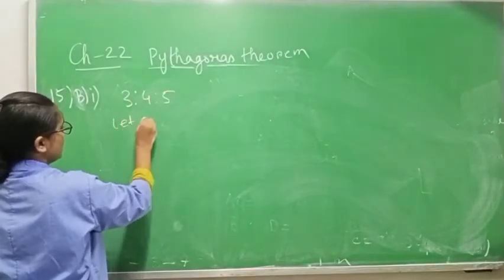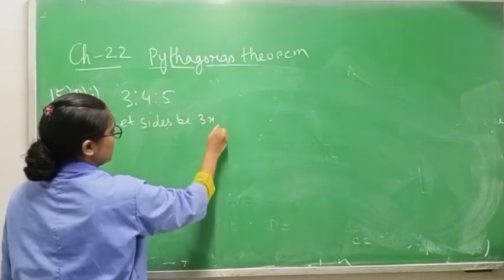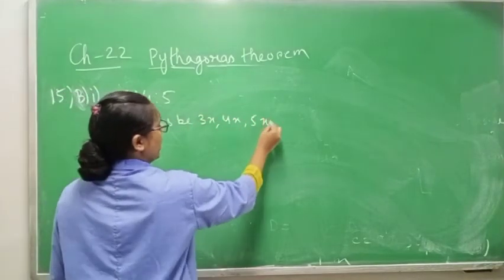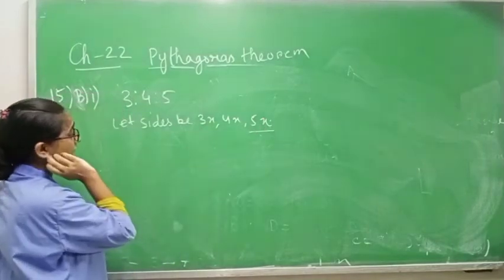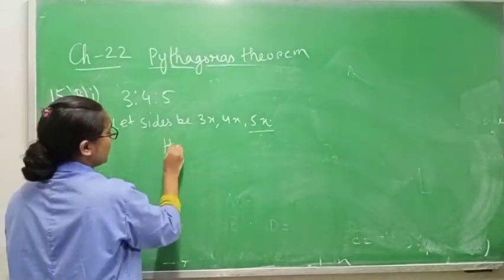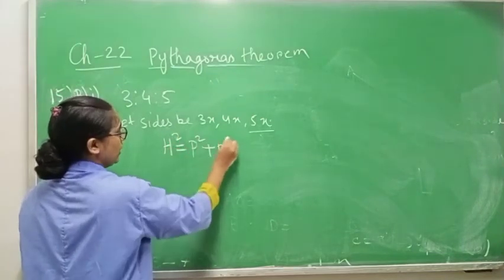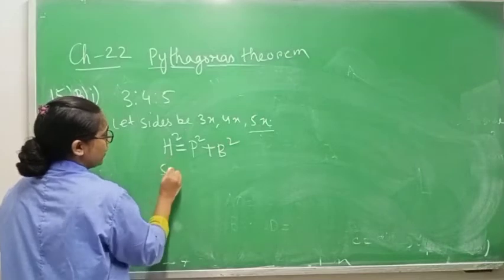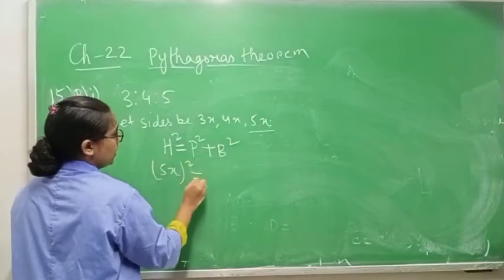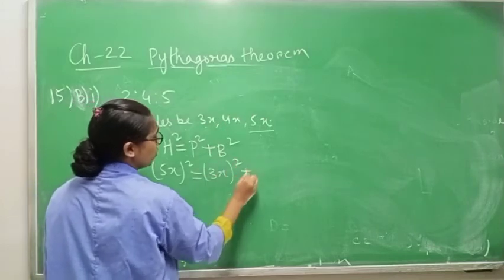So let sides be 3x, 4x, 5x. Now the bigger one you will take as a hypotenuse, because you have to prove whether it is a right angle or not. And right angle we will be able to prove by using Pythagoras. H square equals P square plus B square. H is 5x. P is any one you can take. I am taking 3x, you can take 4x also, it's up to you.